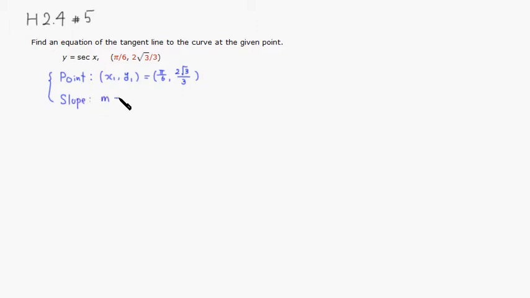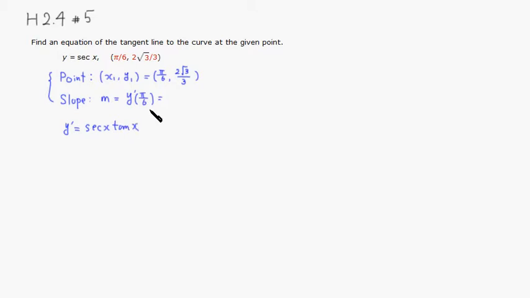So m: we need to find the derivative of y and then plug in the x1 value, which is pi over 6. First we have to find the derivative. Remember that the derivative of secant of x is secant of x times tangent of x.